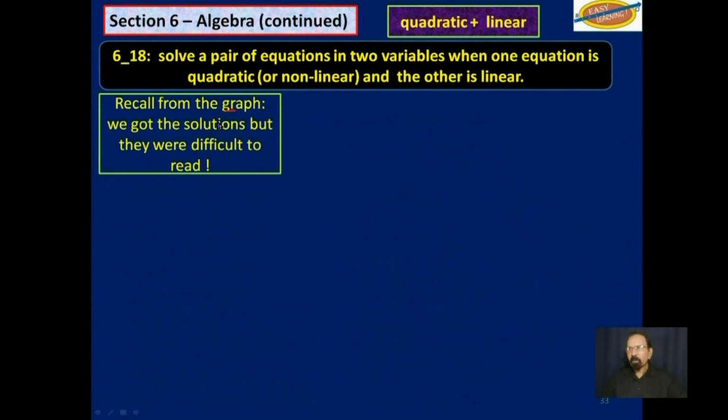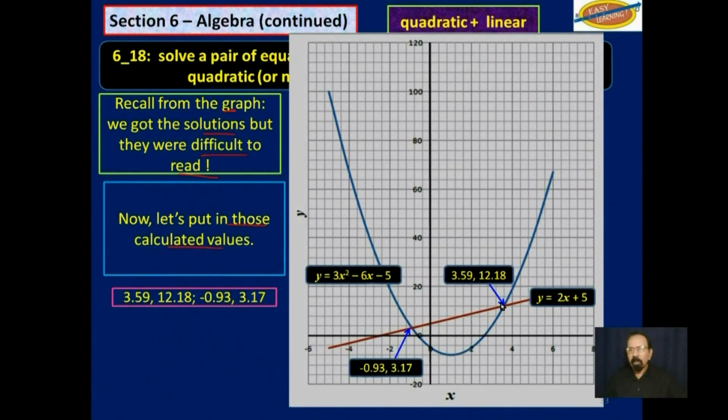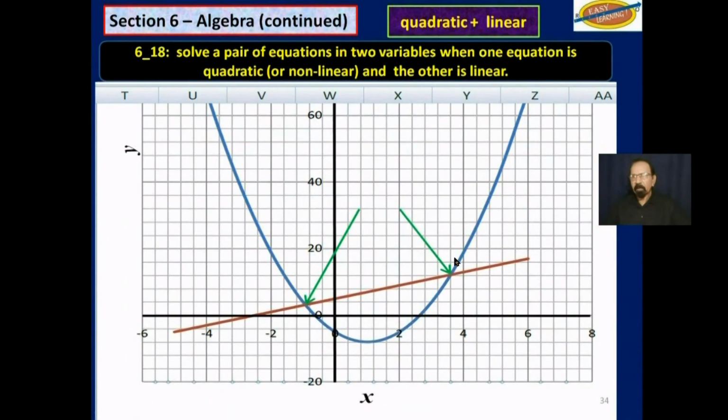Recall from the graph, we got the solutions, but they were difficult to read. Now let's put these calculated values in there. And so you find that this here is one of the solutions, and this is the other one, but they would be difficult to read off a graph. So let's take a closer look, keeping in mind that the graph will not be as accurate as the calculation. This is what it looks like.